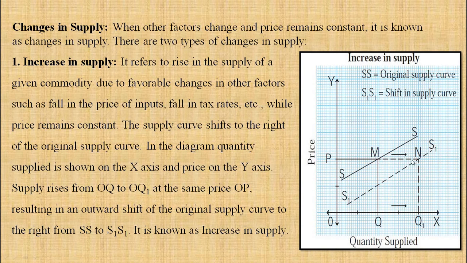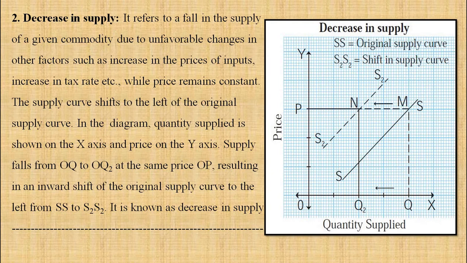Point M to N shows increase in supply. Price remains the same, no change in price, but supply rises because of other reasons. It is called increase in supply.